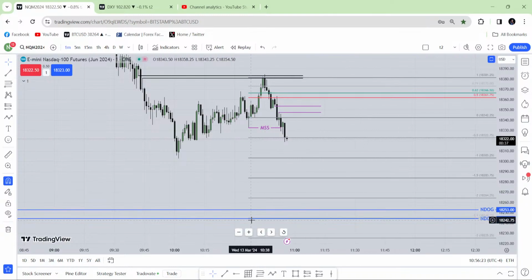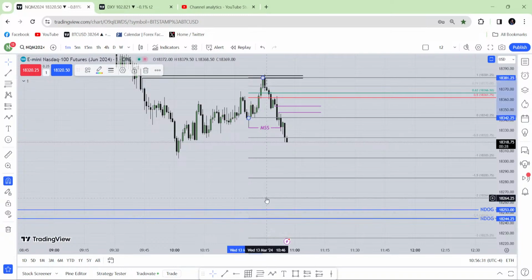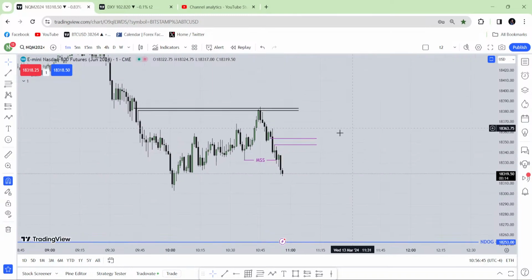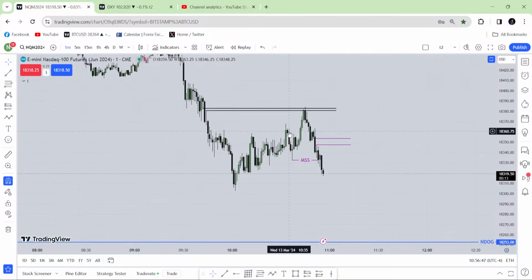Minus 2.5 standard deviation is at the new day opening gap low. That can be the target. This new day opening gap here, this low. The system trade over here is when the market has taken that buy side liquidity, trade that last fair value gap, it went lower.